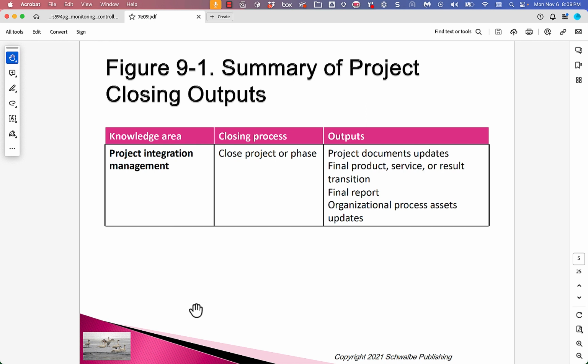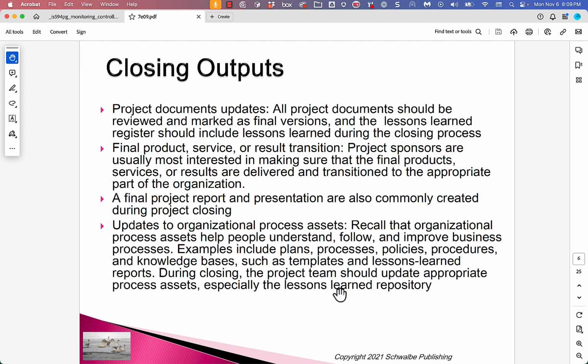That's the artifacts that we throw off from all the things that we're doing in the project. And then organizational process assets updates. I think I would have done the typography a little different there. So let's talk about the outputs of closing.